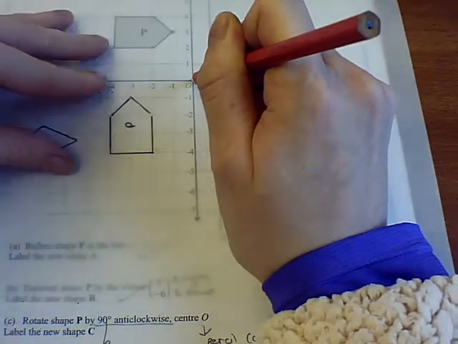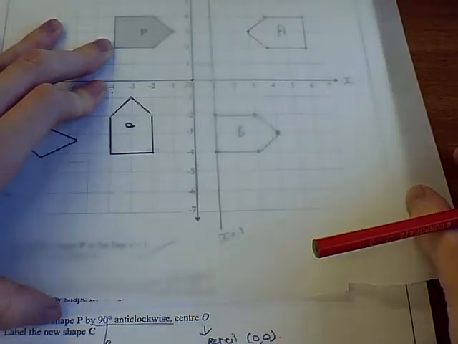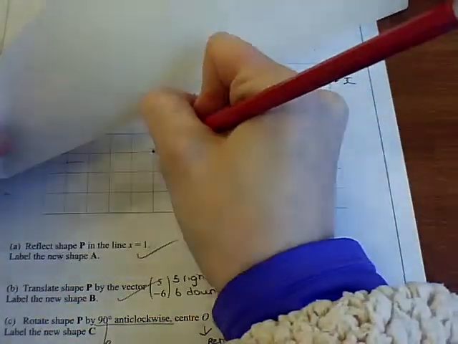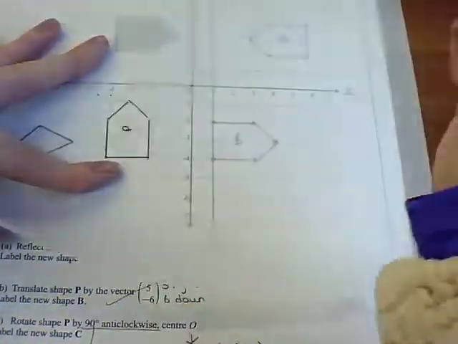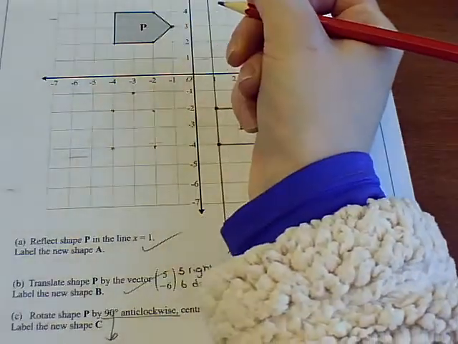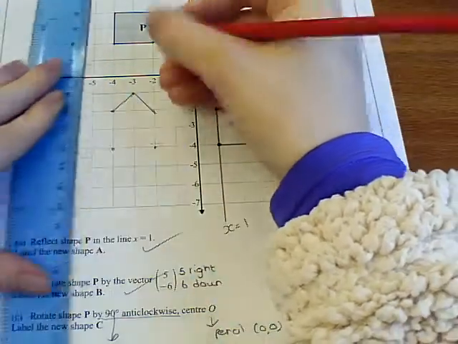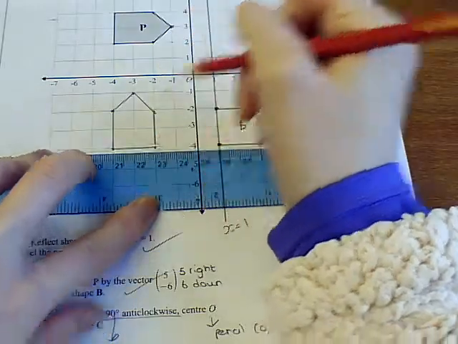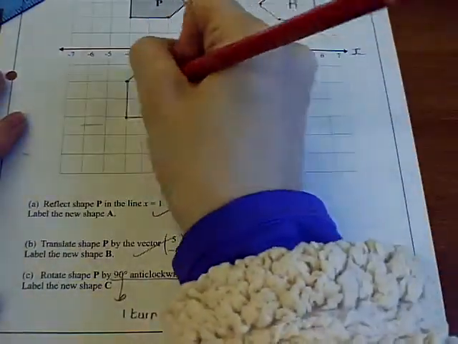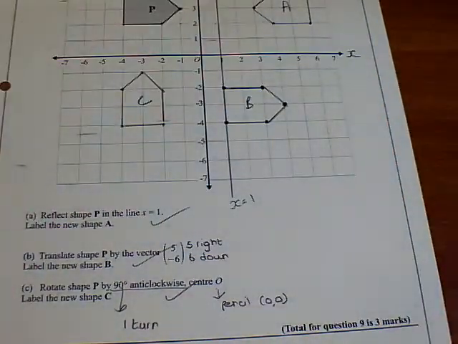Label the new shape C. So just slightly lift your tracing paper and draw on shape C. One point's going to be there, one there, one there, one there, and there we go. Take your pencil, join up your points. Back to your question, label the new shape C. Okay, so on the next slide you're going to try a past paper question for yourself.